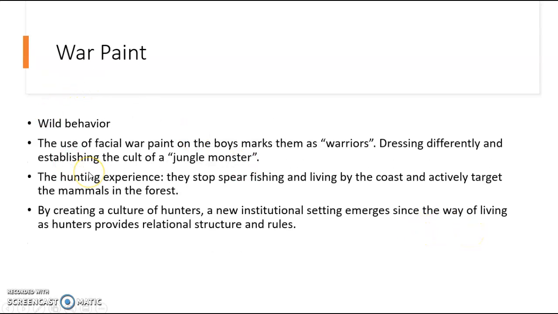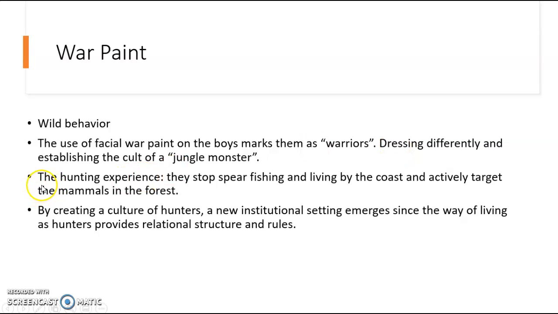Next we have war paint. For this one, I wanted to focus on how this war paint not only is very slight, you won't see it very significant in the book, but what is behind it is what is important. This war paint will signify the wild behavior, and it's used to mark them as warriors.